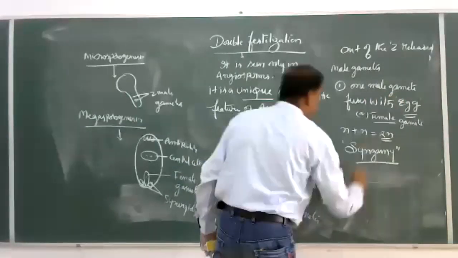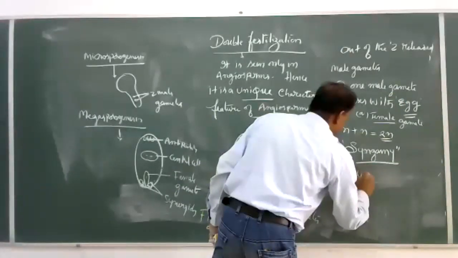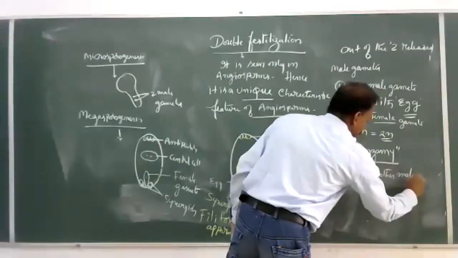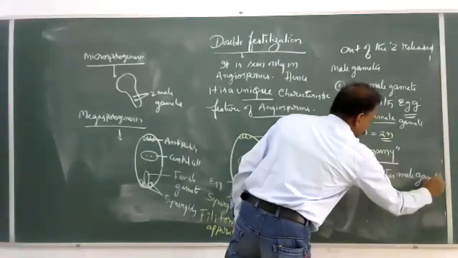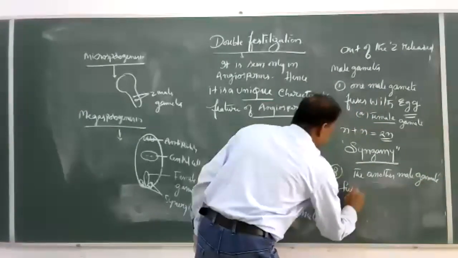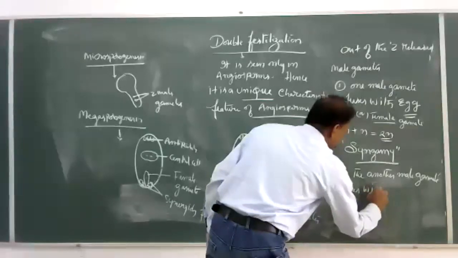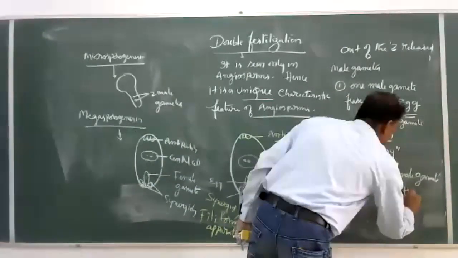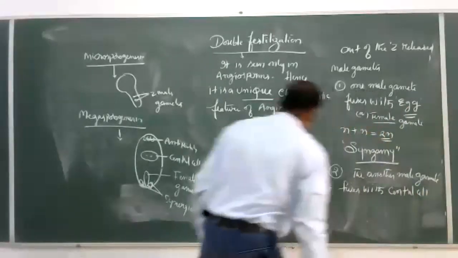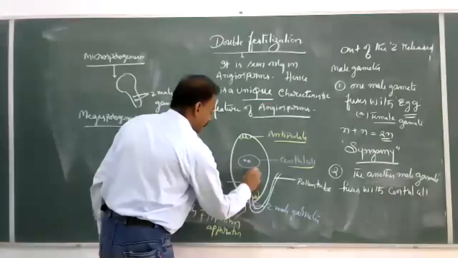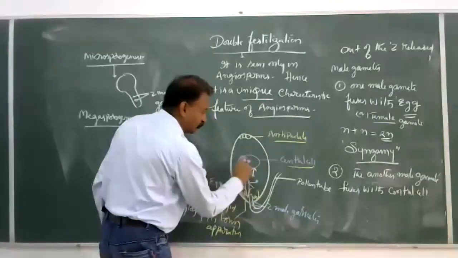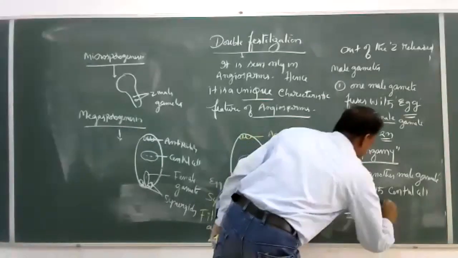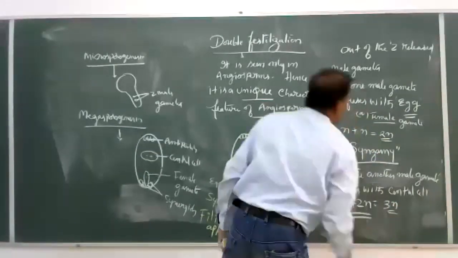The second male gamete, the other male gamete, fuses with the central cell, that is, male gamete n plus central cell 2n. n plus 2n results in 3n.